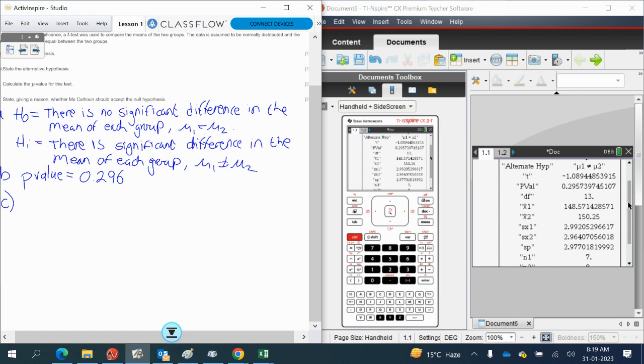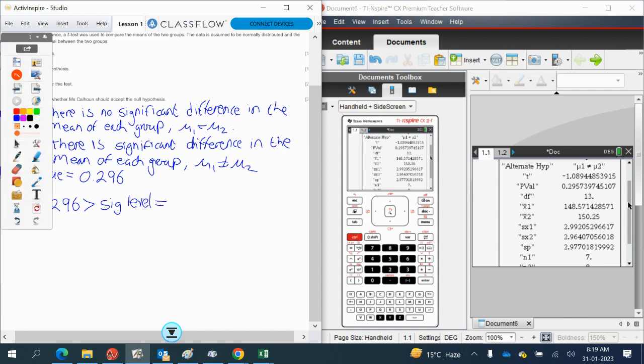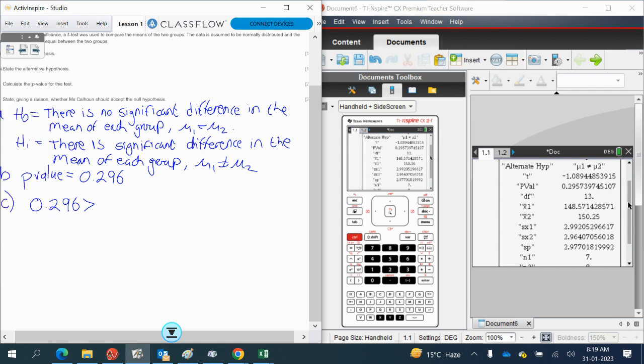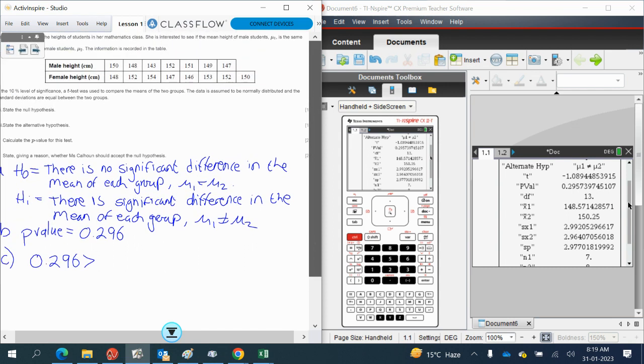Lastly, we need our conclusion. So always with your conclusion, put up an inequality that compares the p-value to the significance level. Our significance level is 10%.